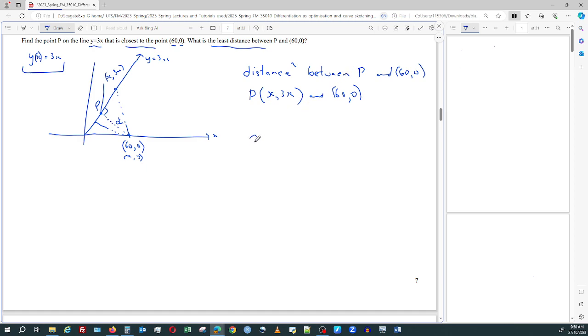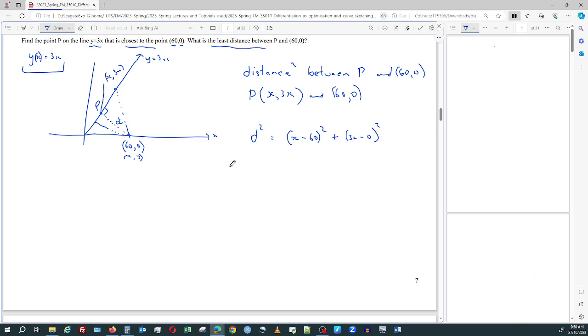So our equation is going to be the square of x and y in point form notation. So it'll be x minus 60 and 3x minus 0. So that will give us our distance.